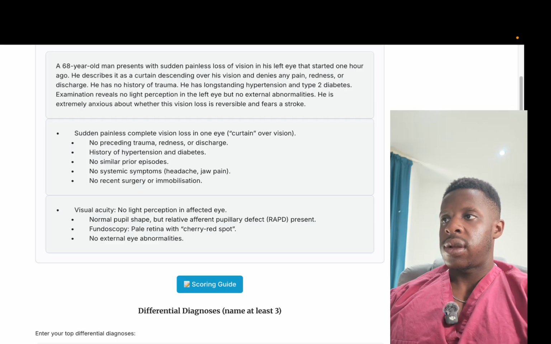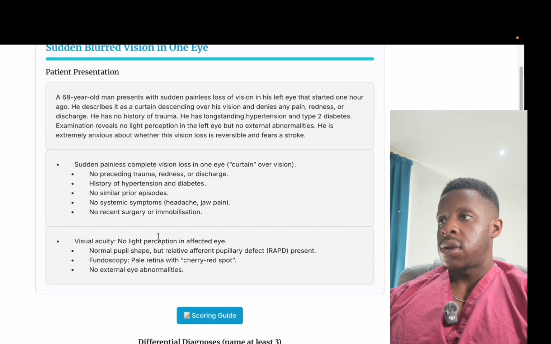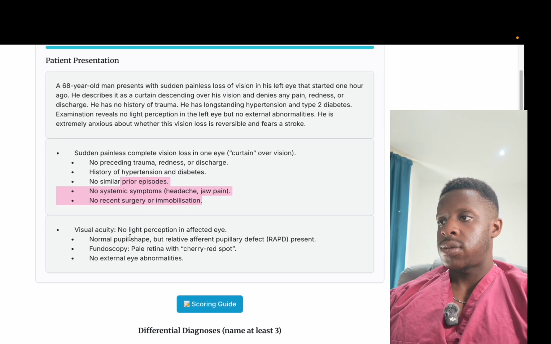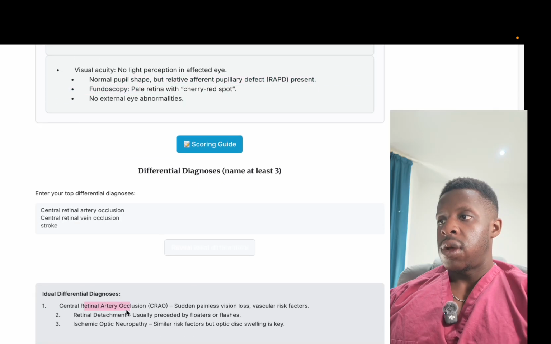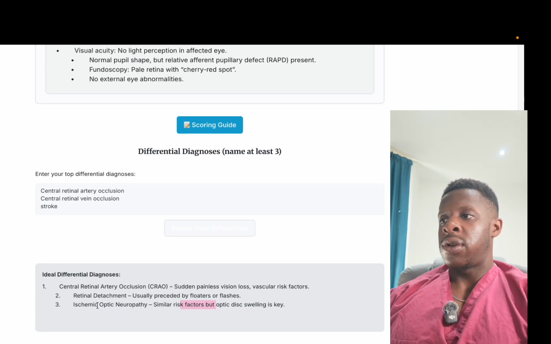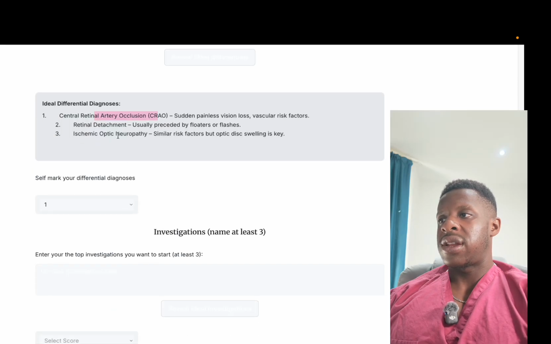Another sudden onset blindness, stroke. Retinal detachment, of course, usually perceived by photo flashes. Ischemic optic neuropathy, similar risk factors. This is actually a better one. Ischemic optic neuropathy. Well, central retinal vein occlusion. So just one for that one. I should have had at least this one here.